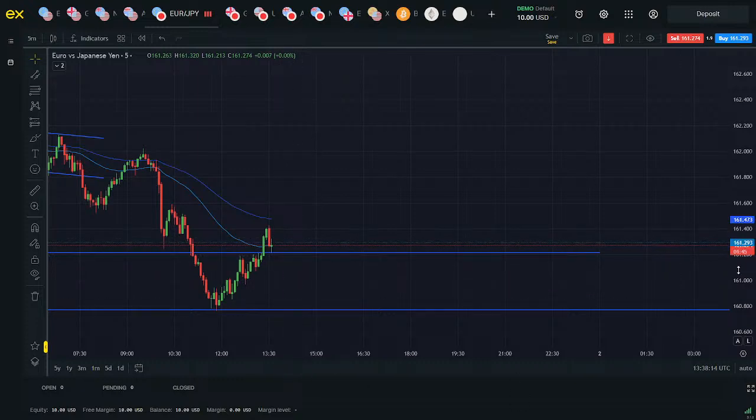Let's see, there's 1 minute and 40 seconds remaining for this particular candle to close, and then see how this candle performs, and after that we will see if things work out in our way or not.